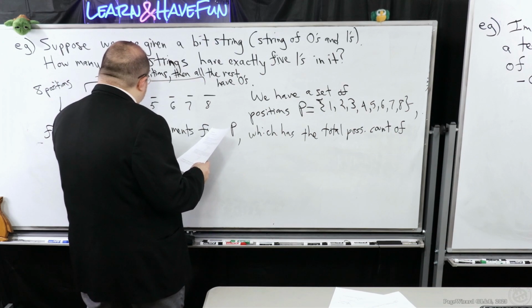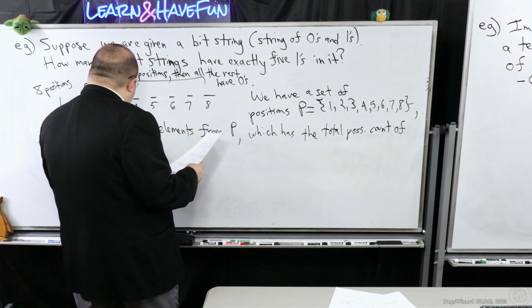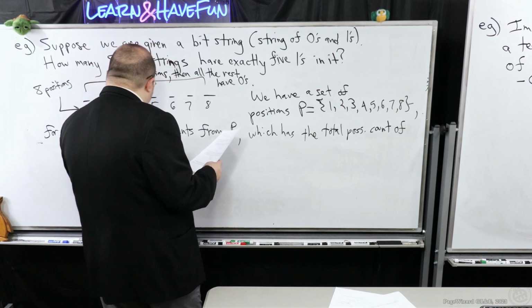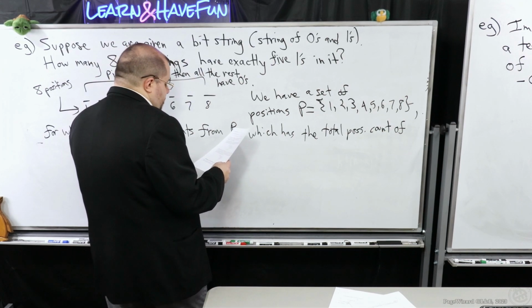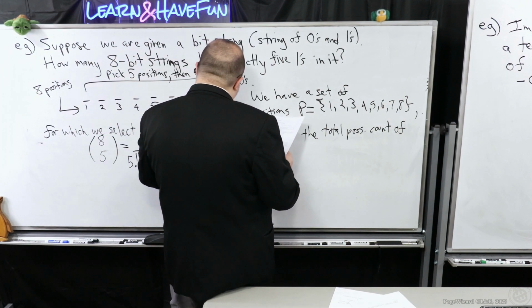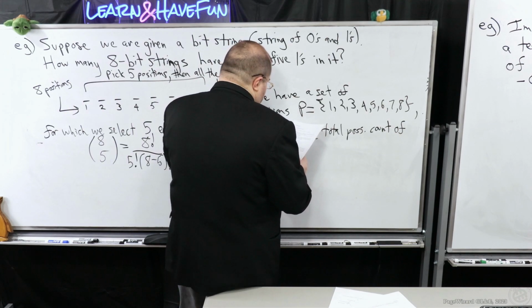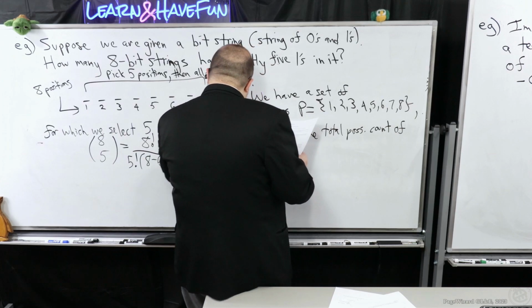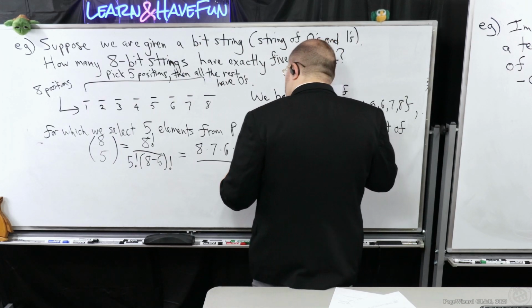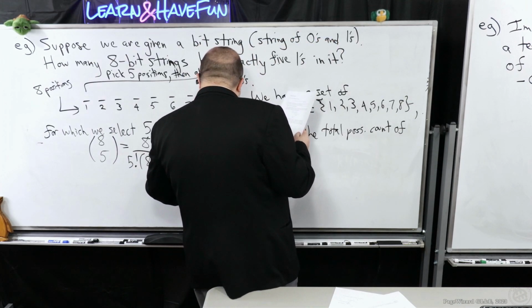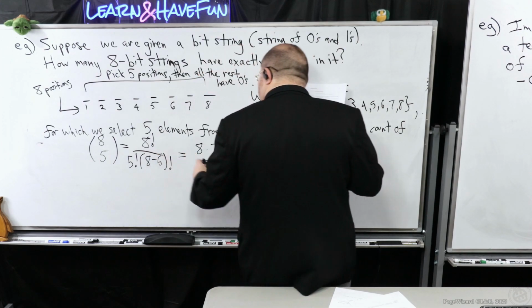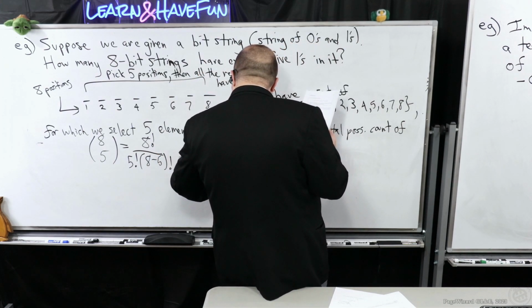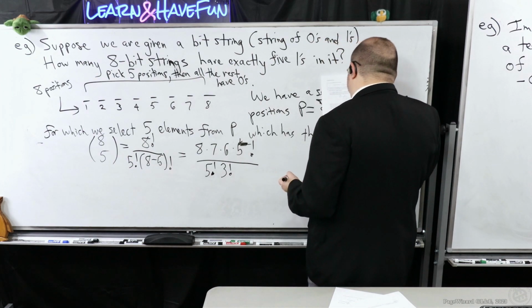8 factorial over 5 factorial times 8 minus 5 factorial, which is 8 times 7 times 6 times 5 factorial. And I have a 5 factorial that I'm going to attempt to cancel with. And then I have the 3 factorial, which fortunately I also can cancel out quite nicely.